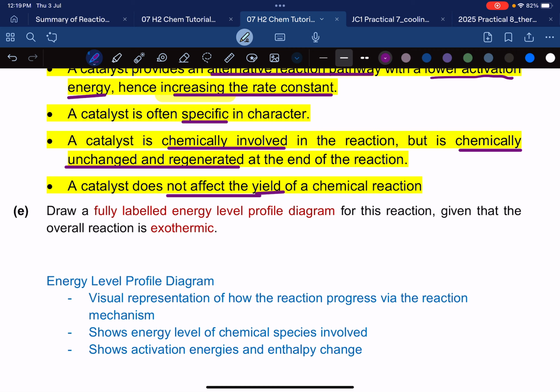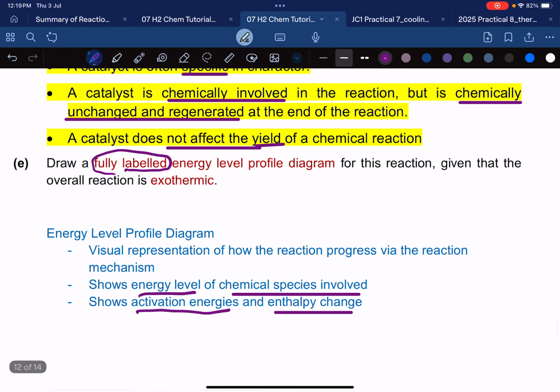It also shows the energy level of all the chemical species that are involved, as well as the activation energies and the enthalpy change. All of this is information that you will need to put down on your diagram to make this a fully labeled energy profile.